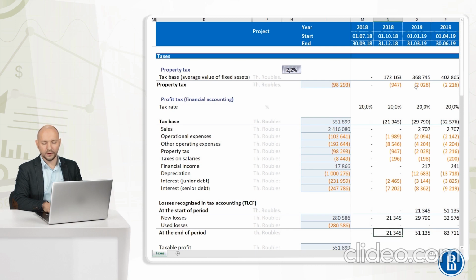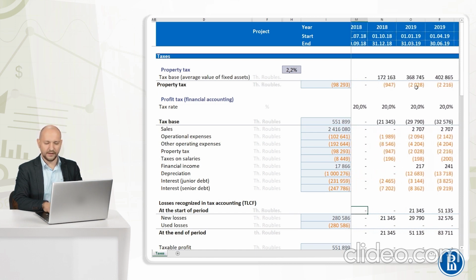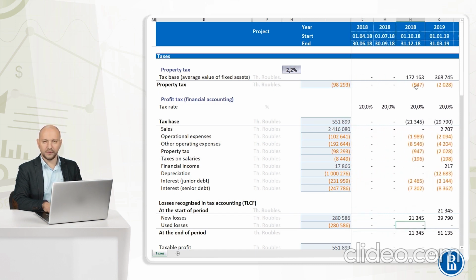That's the losses that the company got in last periods. They can be used the way that the company is not obliged to pay any profit taxes in the coming periods. So let's have a look and understand how it can be done.